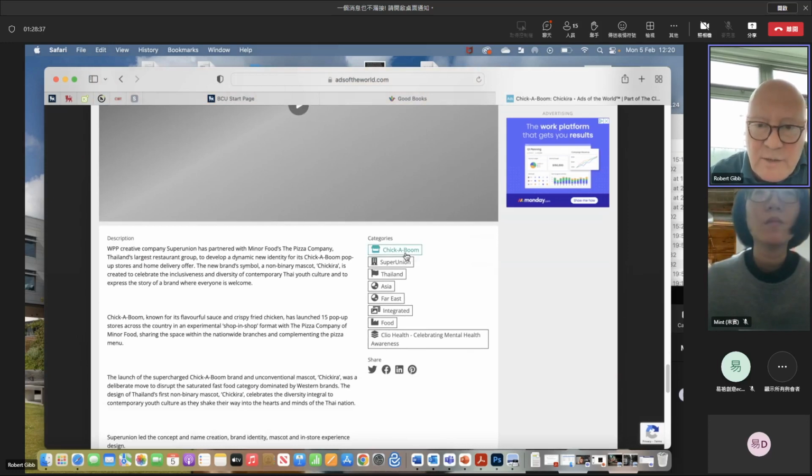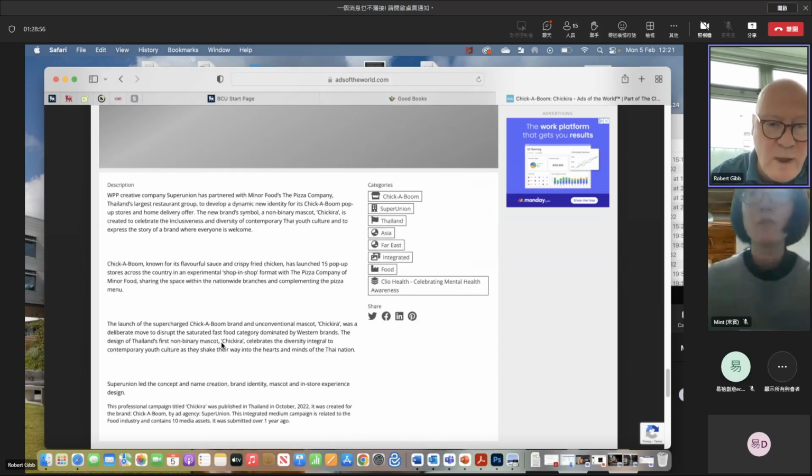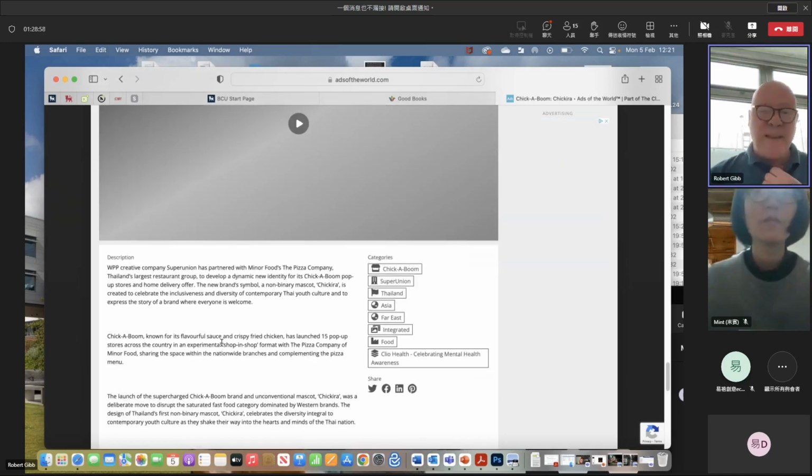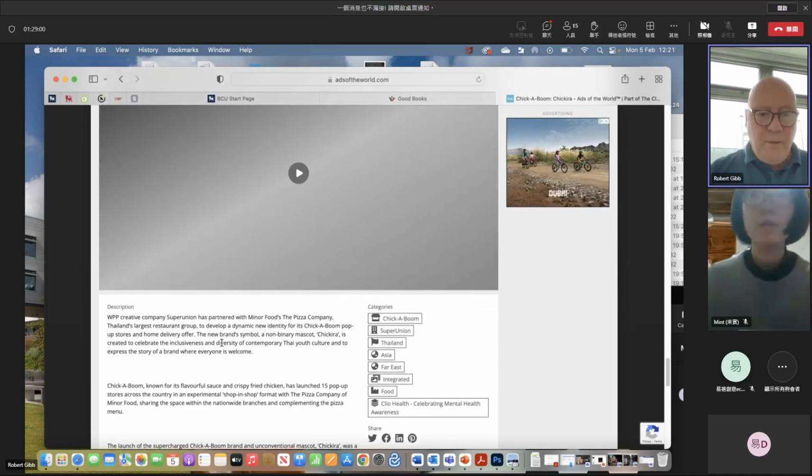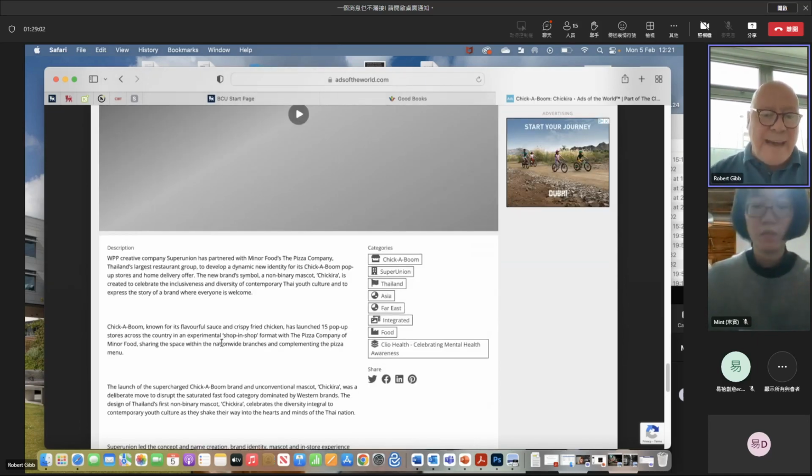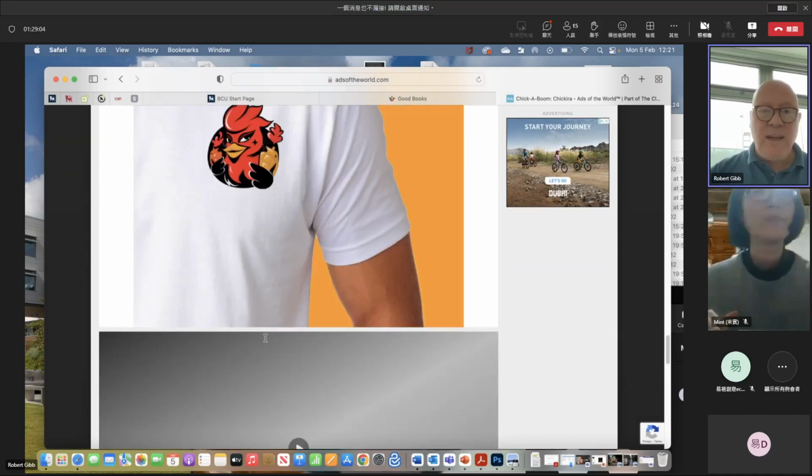This is Chickaboom, Super Union, Thailand. It's an integrated food campaign, but it's also about mental health. The description says Super Union partnered with Minor Foods Pizza Company, a Thailand restaurant group, to develop a dynamic campaign. Basically, what this website does is show you the most recent adverts, but it breaks them down and explains culturally how they work.